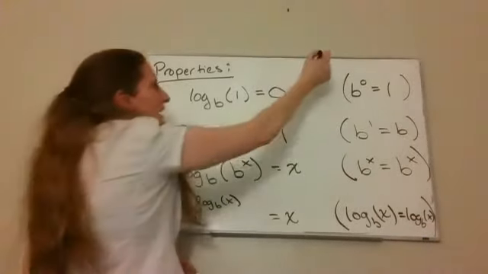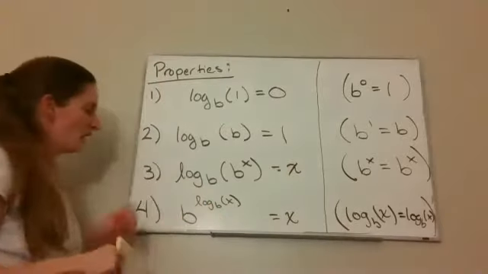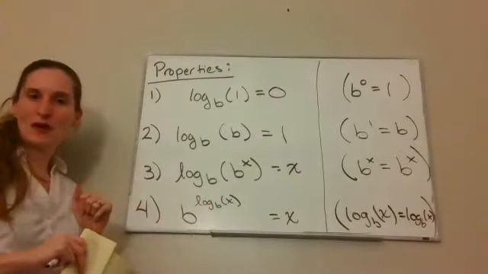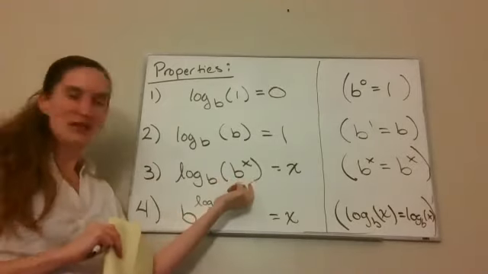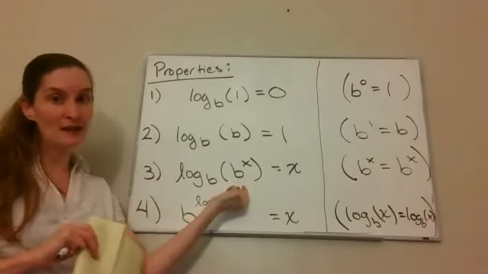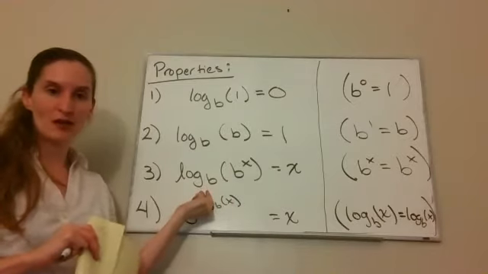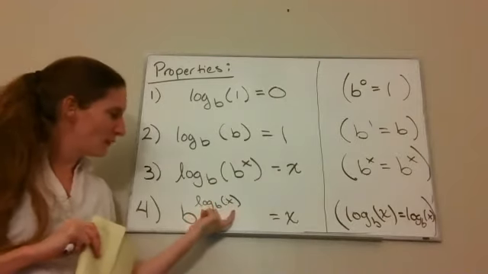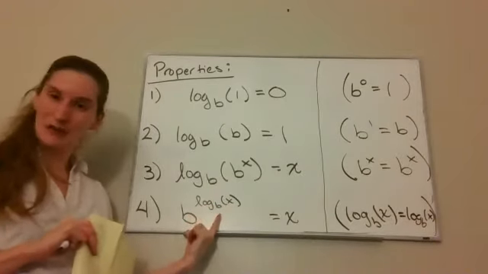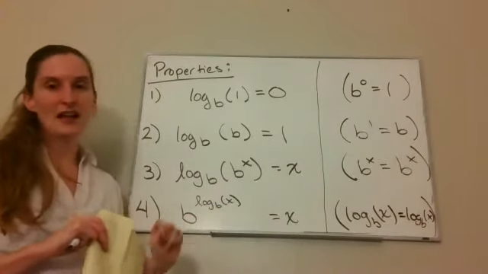So what I want to point out with these 4 properties here is look at properties 3 and 4 in particular. This is saying if I plug an exponential function of the same base into a logarithmic function, I get x. And when I plug a logarithmic function into an exponential function, I get x.